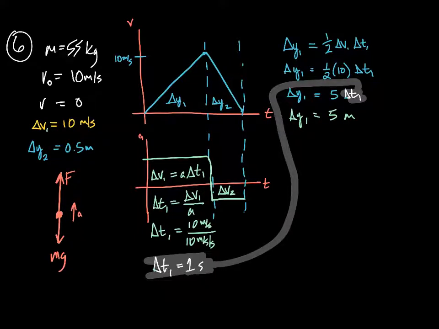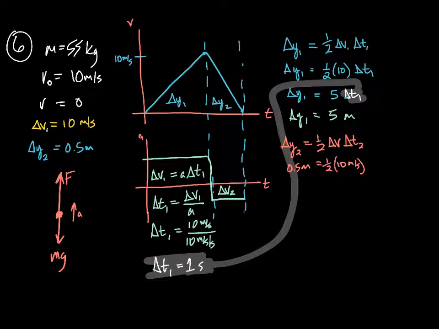So now I could pay attention to this delta y2, which would also be half delta v delta t2, all right? And we know that this was 0.5 meters. We're told that from the problem statement. We know that displacement. We know that the change in speed was the same magnitude. It was actually a negative 10 meters per second, but it was 10 meters per second.